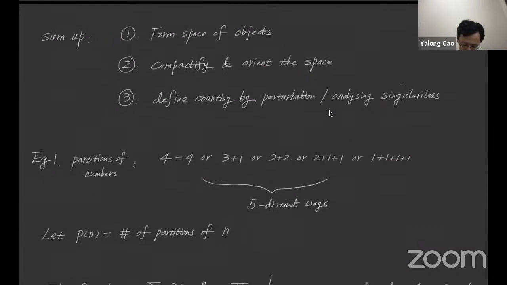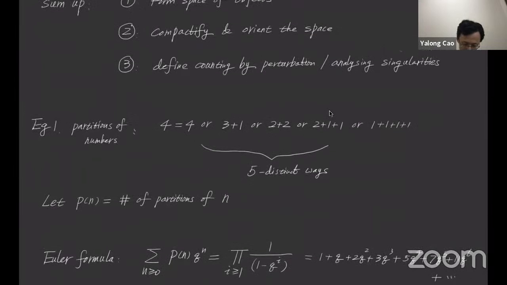So let me give a first non-trivial example. We consider the so-called partition. A partition is about how to decompose a positive natural number into the sum of several positive integers. For example, we can write 4 equals 4, or 3 plus 1, or 2 plus 2, or 2 plus 1 plus 1, or 1 plus 1 plus 1 plus 1.